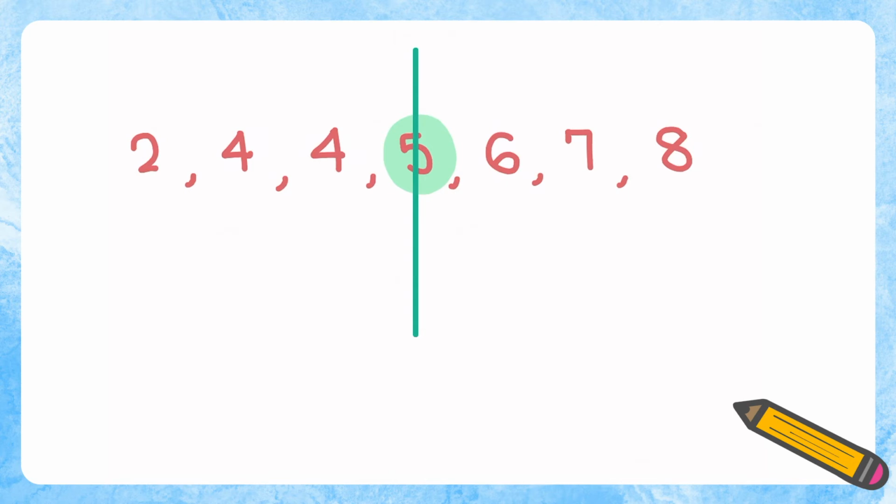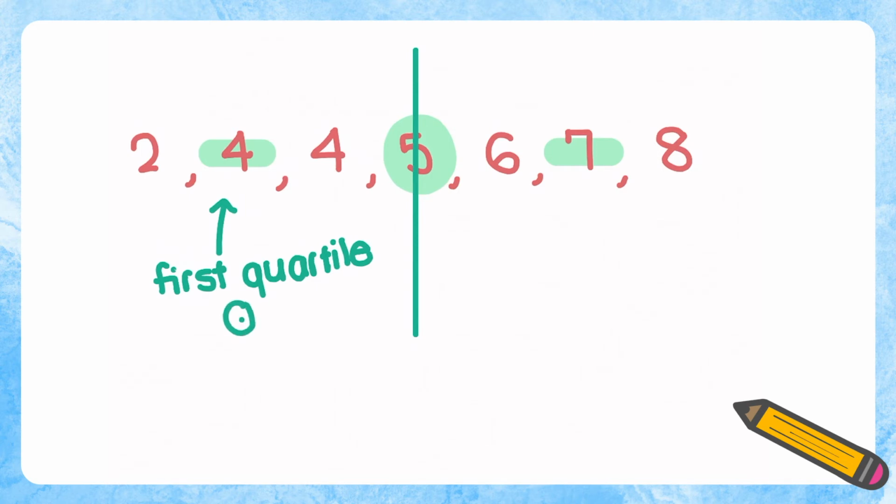So let's look at the lower half. The median, the middle of the lower half, is 4. And the median of the upper half is 7. So 4, the middle of my lower half, is the first quartile. And then the 5, the median, is also known as the second quartile.